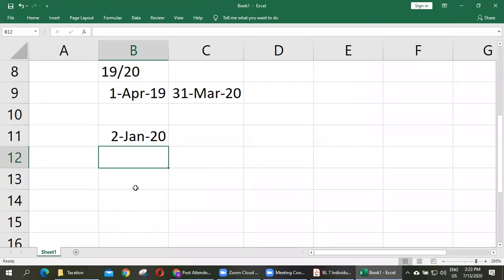And this date, for example, 3rd April 2019. This date is in which year of assessment? 3rd April 2019. It's coming in which year of assessment? 1920. Good. And 12 March 2019.